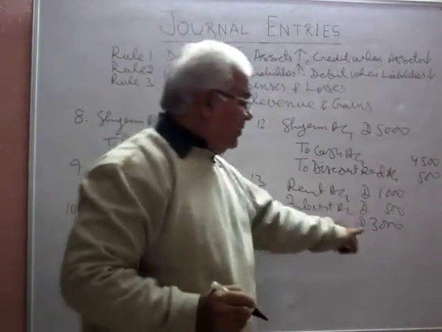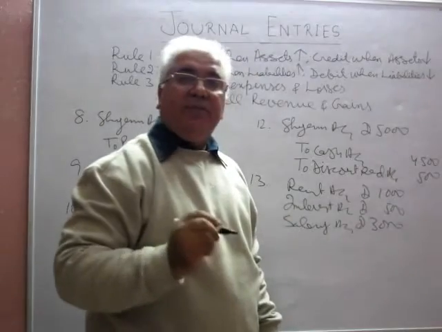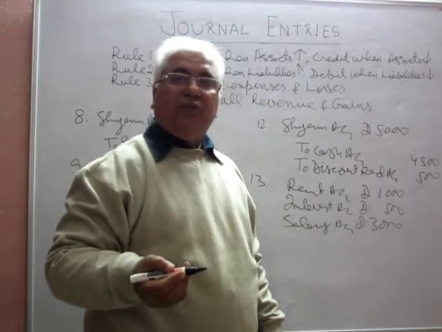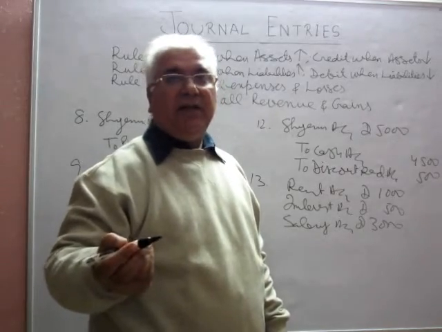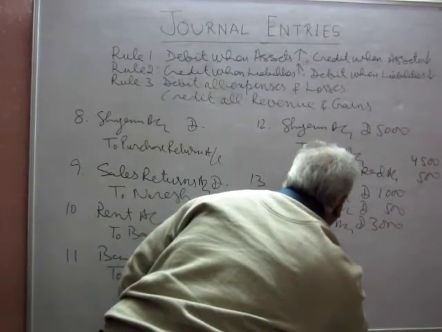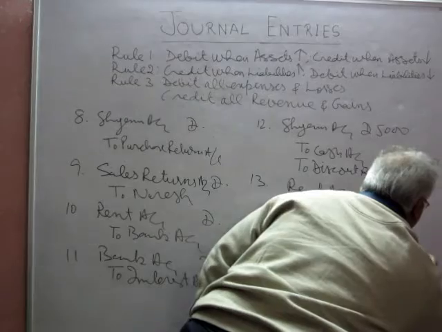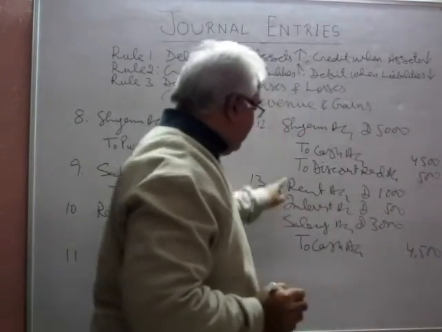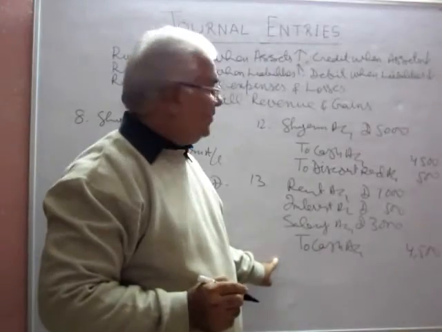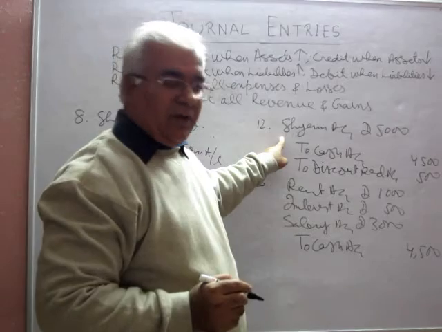If all the amounts, 4,500, are paid through cash, so our cash is reducing only by 4,500, so cash account will be credited by 4,500 to cash account 4,500. Now this is again an example of compound entry. Okay?